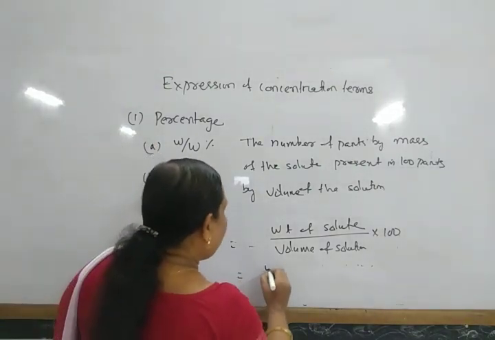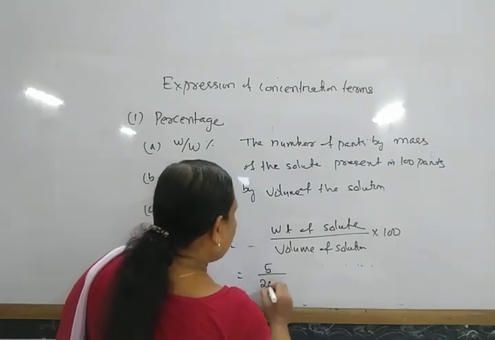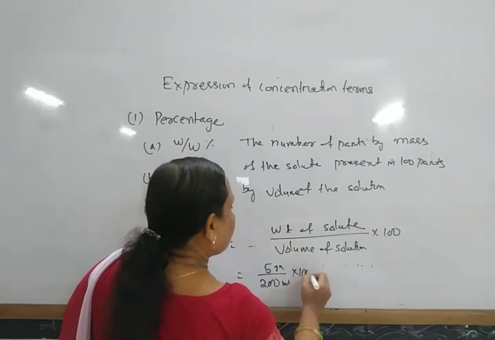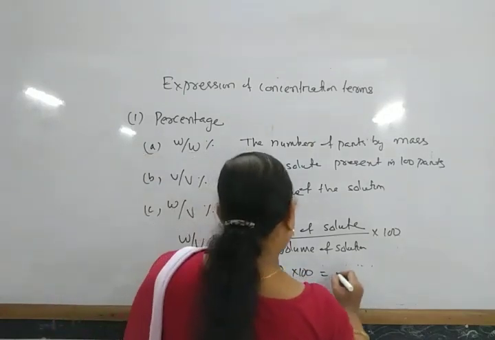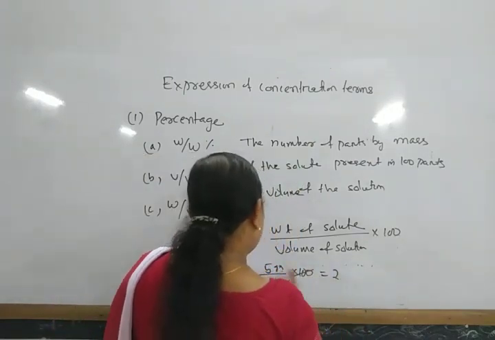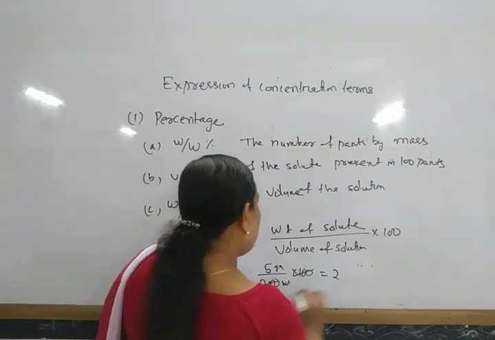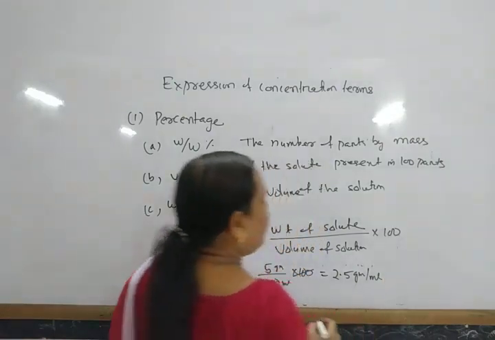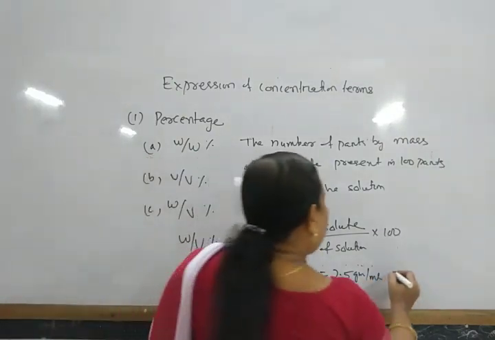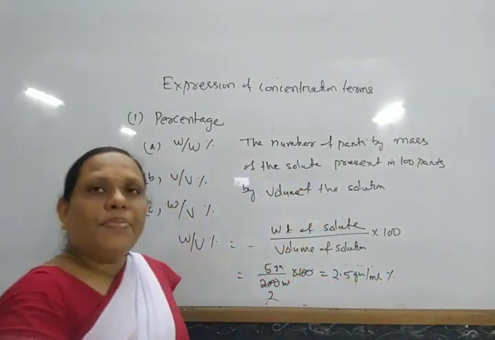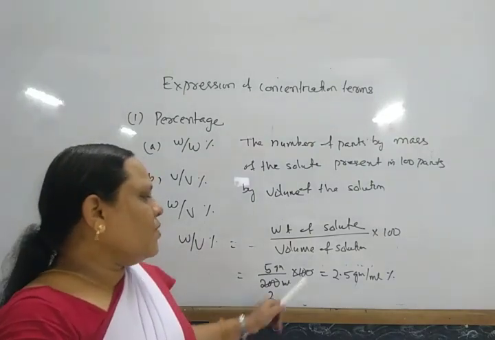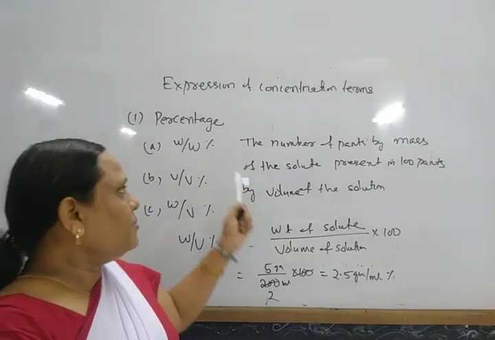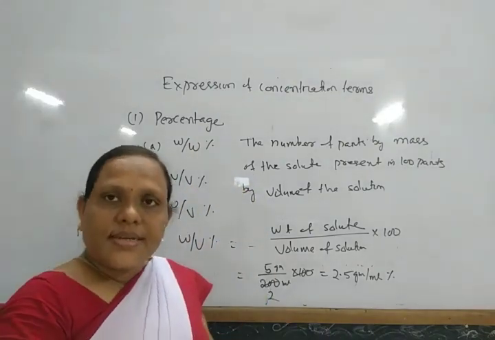So in this way, 5 by 200 ml into 100, that is equal to 2.5 gram per ml percentage. So in this way we can express the concentration terms in percentage unit.